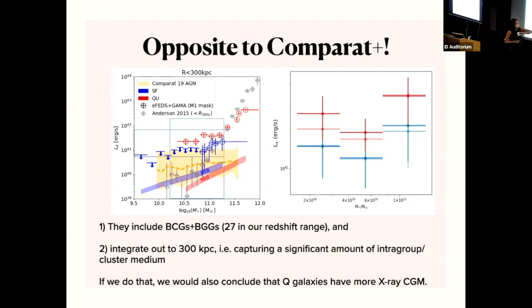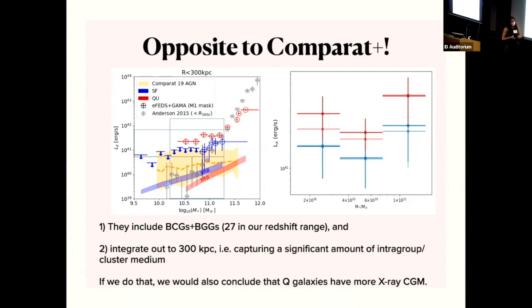Thing number two is that they integrated all the way out to 300 kiloparsecs, whereas I integrate out to 100 kiloparsecs. Now, if you look at the simulations, you will see that you really don't expect the CGM to go much further than 100 kiloparsecs. If you go all the way out to 300 kiloparsecs, especially if you're including groups and clusters, you're really capturing the intra-group and the intra-cluster medium.